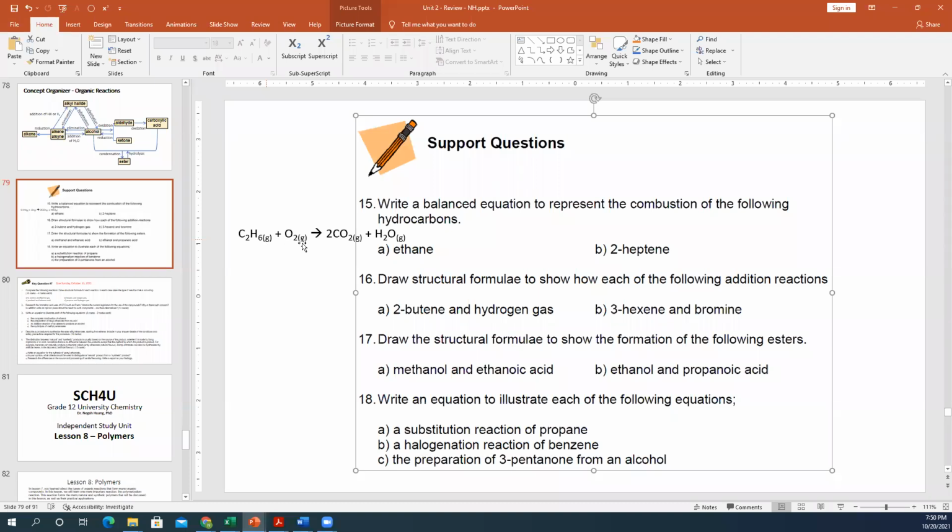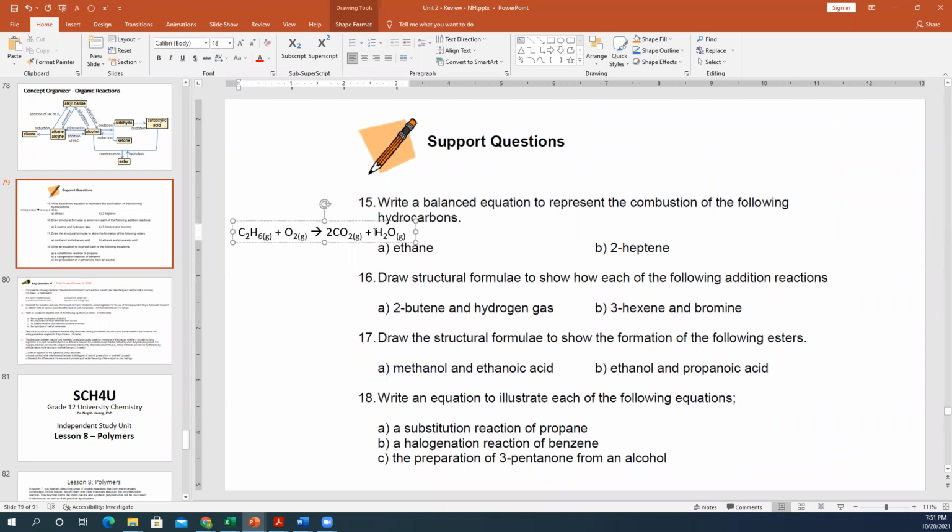Okay. How many hydrogens do we have here? 6. Do we have 6 on the product side? No. How many do we have? We have 2. Thank you. What coefficient can I put in front of H2O to give us 6 hydrogens?